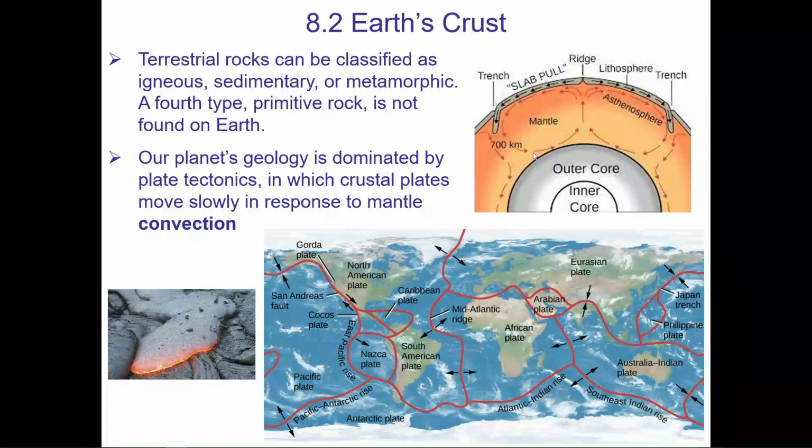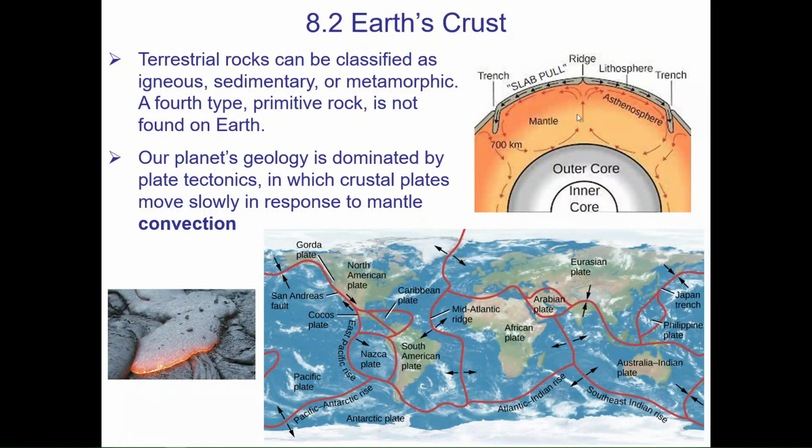Remember, in convection hot material wants to move up. You can imagine when this magma, which is a liquid rocky material, moves up, it goes into an environment that is cooler and cooler as it gets closer to the surface.